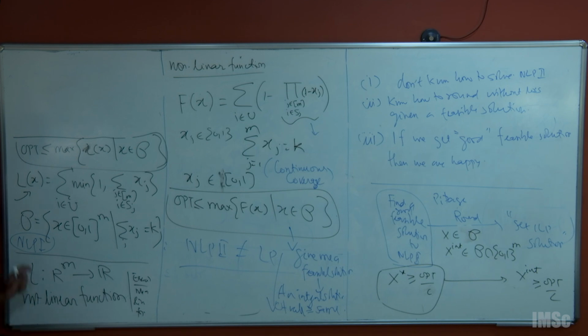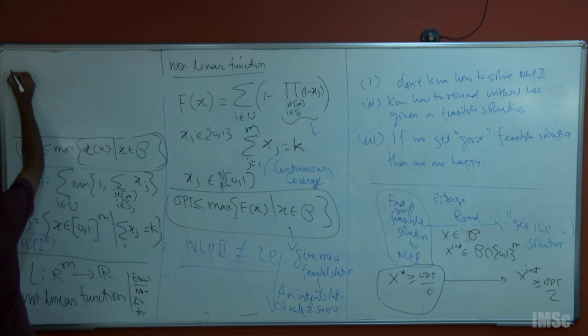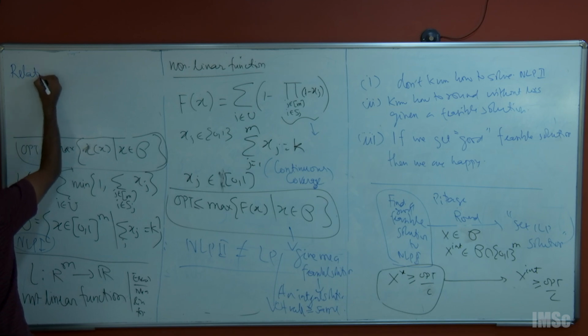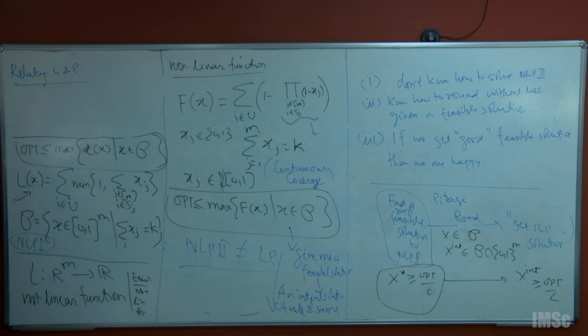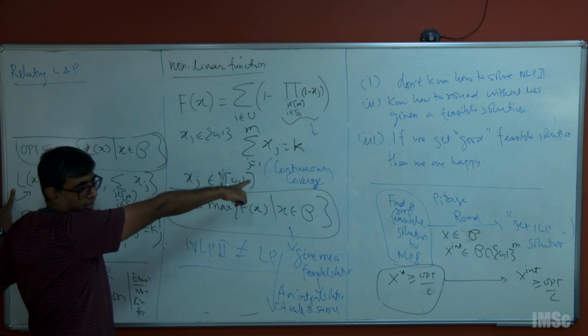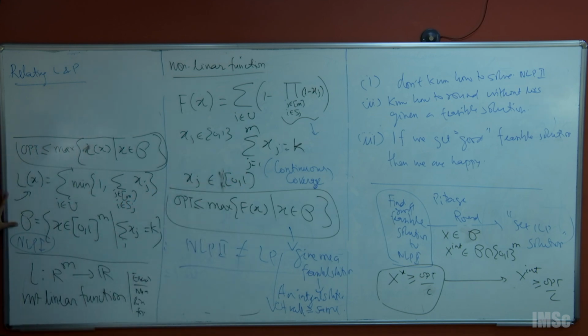So this is the lemma which is going to relate L and F. My next section is relating L and F. I'm going to relate L and F point-wise, so that L is not too bad compared with F. Why? Because notice, if I find a feasible solution x for L, that is also a feasible solution here. Look at the feasible solution which optimizes L. Find that x.